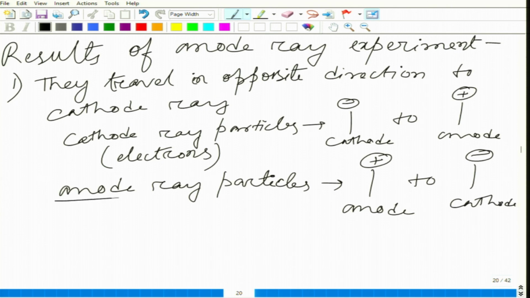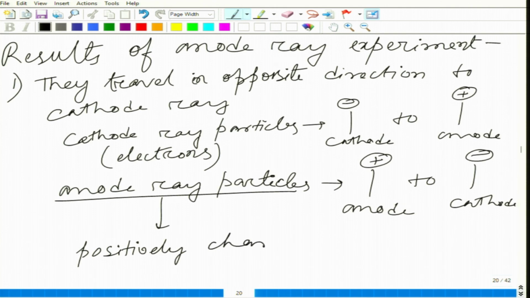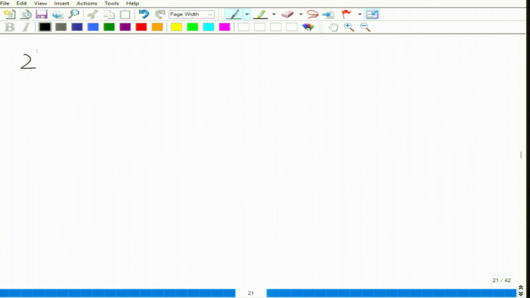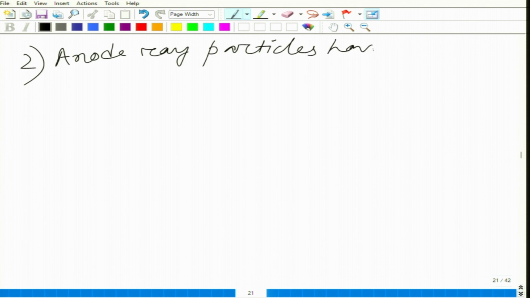So this was concluded that the anode ray particles are positively charged, since they moved towards the negative electrode. So this was the second conclusion. Second conclusion was anode ray particles have positive charge.